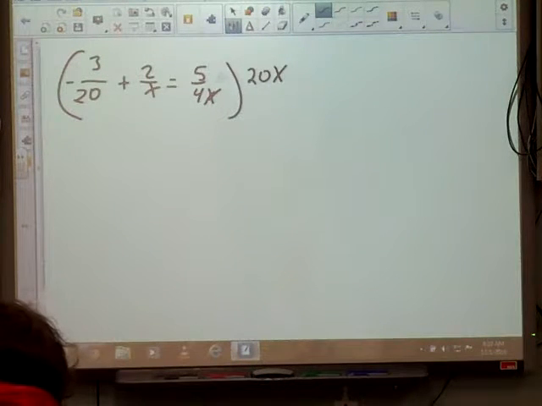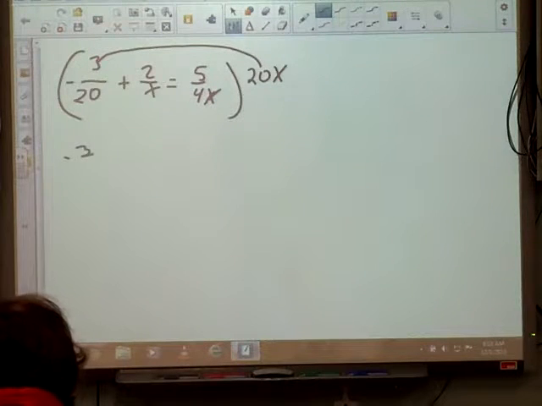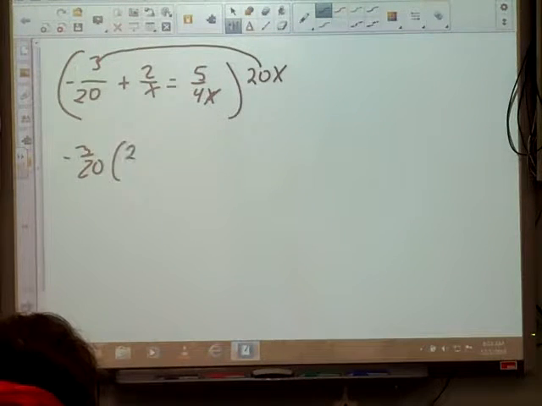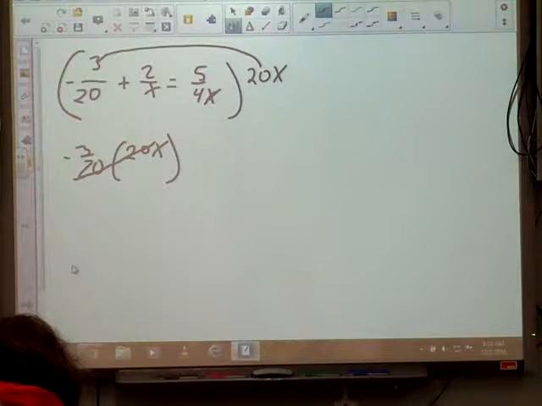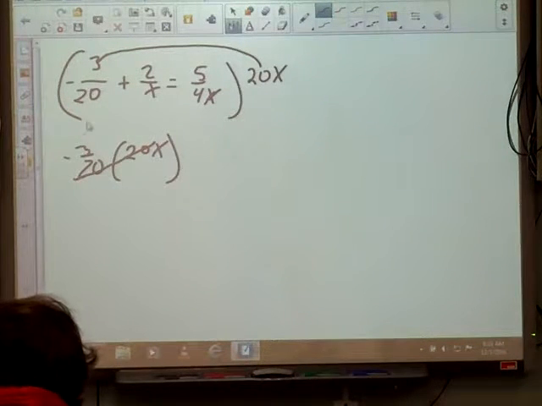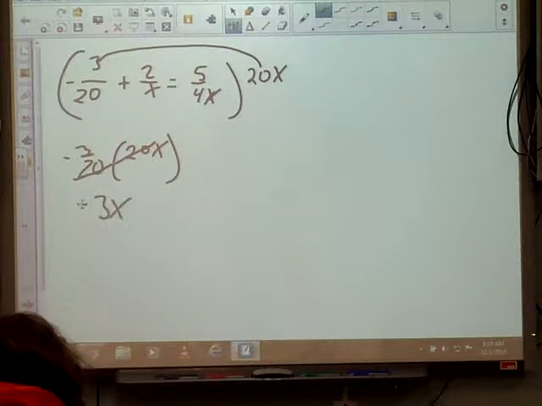When we multiply this whole thing by 20x, we distribute that here. That's going to be negative 3/20 times 20x. You see the 20s would cancel out, so that first piece is now just negative 3x.